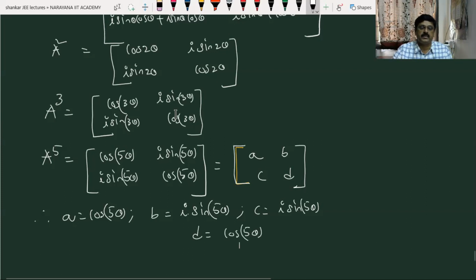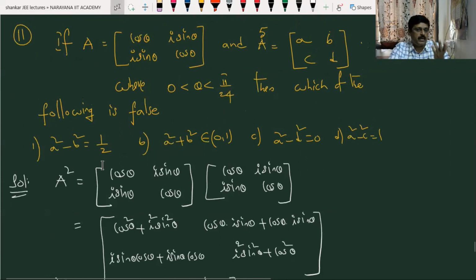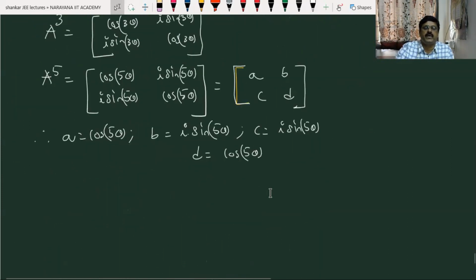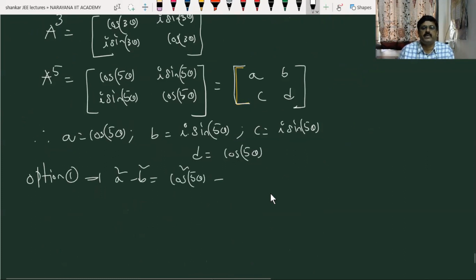Now the question is, which of the following is false? First option, A square minus B square. A square means cos square 5 theta minus B square means minus i square sine square 5 theta. So you have 1, students, but they give A square minus B square is equal to 1 by 2.